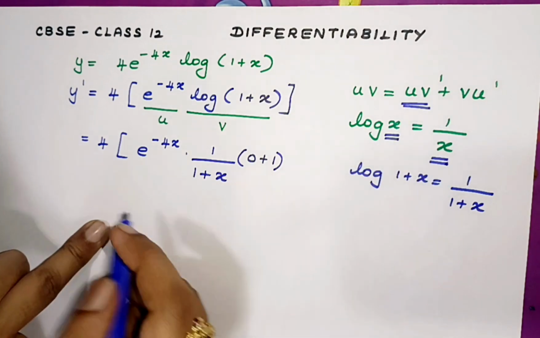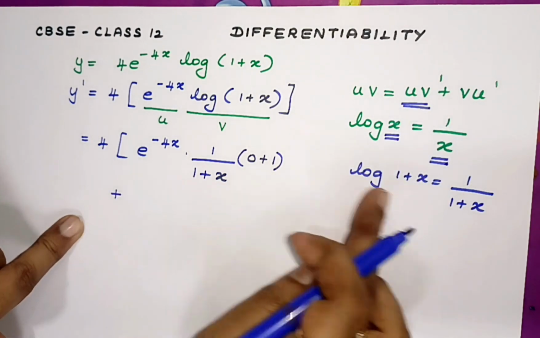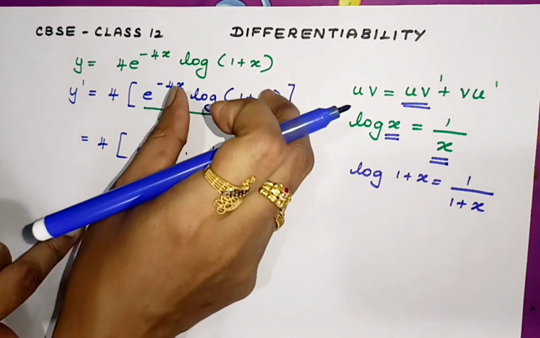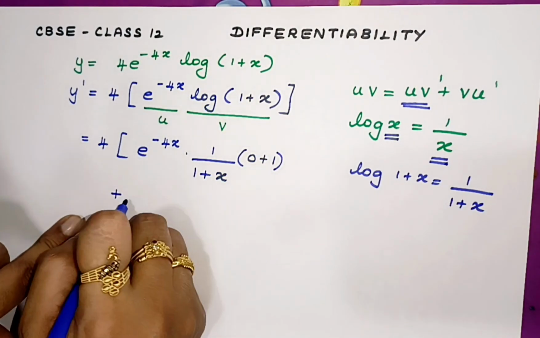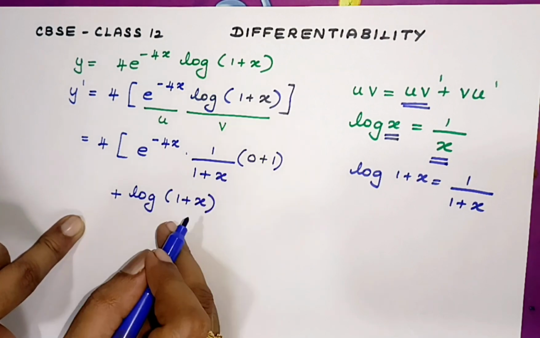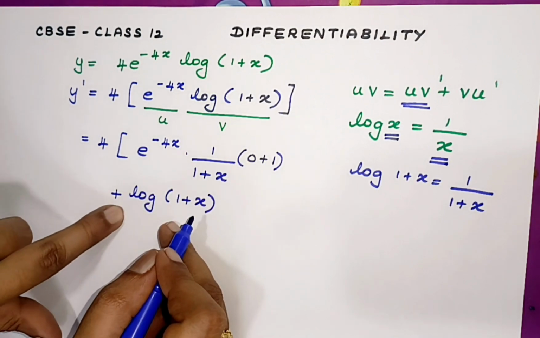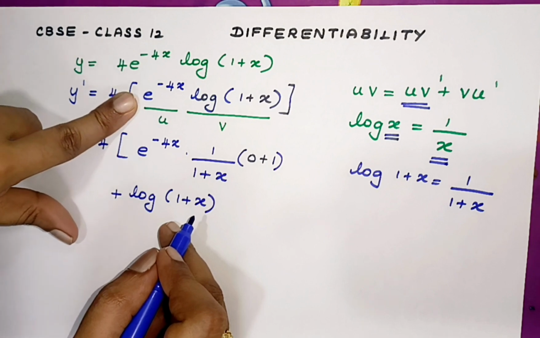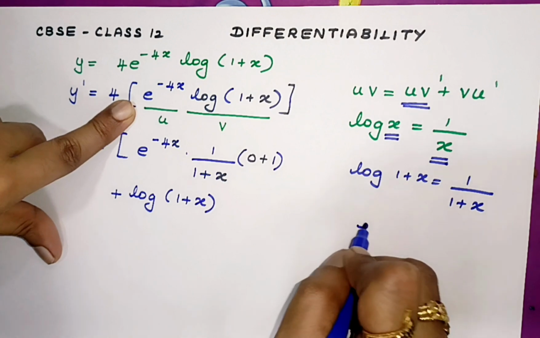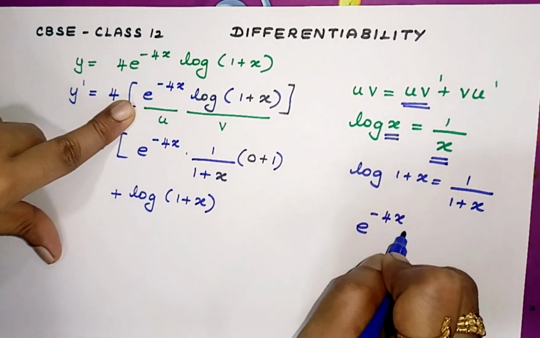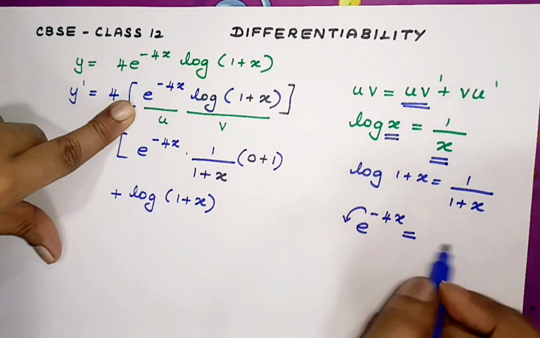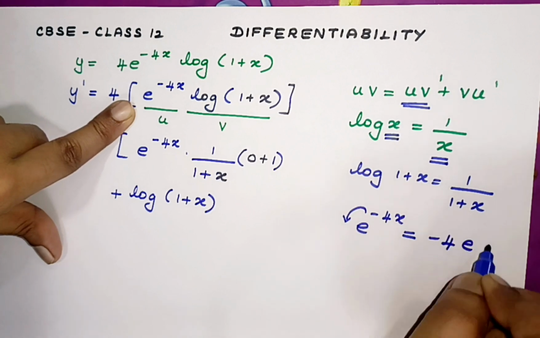Next, plus sign. There is no space, so I am writing here plus v. We keep this log of 1 plus x as constant. Now we are going to differentiate e power minus 4x. Listen carefully: for e power minus 4x, we take this number alone in front of the e. So minus 4 e power minus 4x.